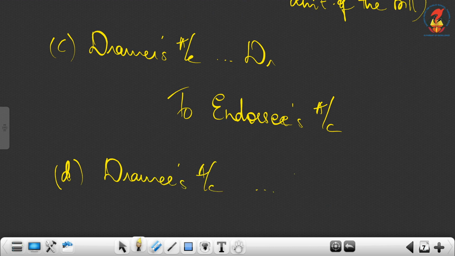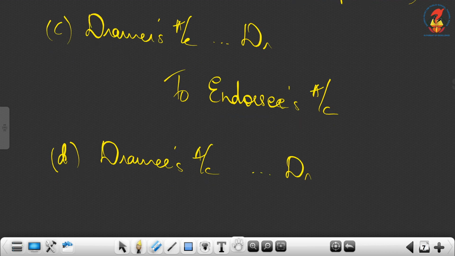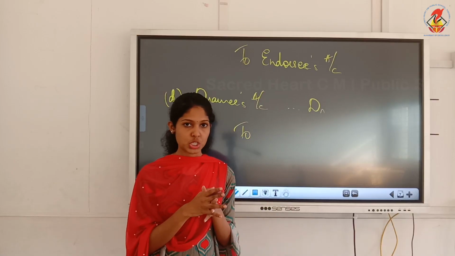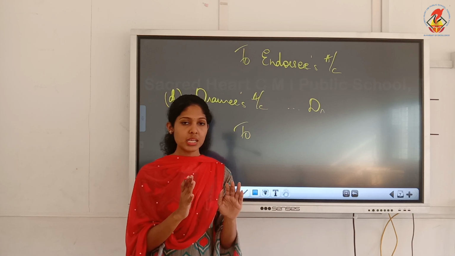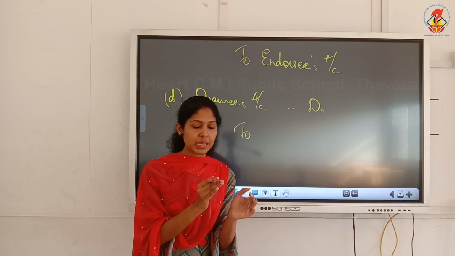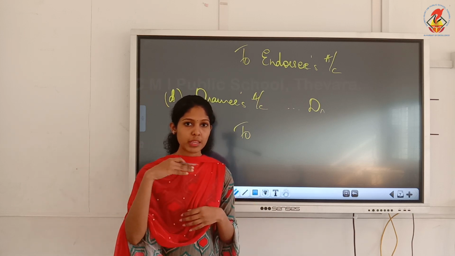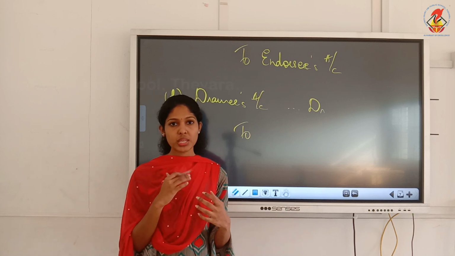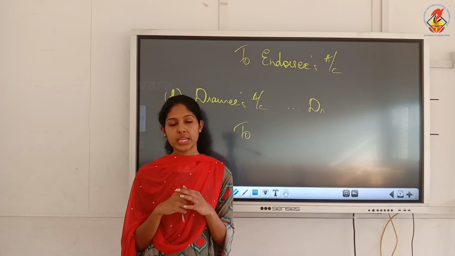So it is drawee account debtor. To what we have to cancel now: when the bill is sent to bank for collection, it is not discounting of bill. The bank will keep this bill during that period of the bill, then on the date of maturity they will ask the debtor to make the payment. So that is called bill sent to bank for collection.